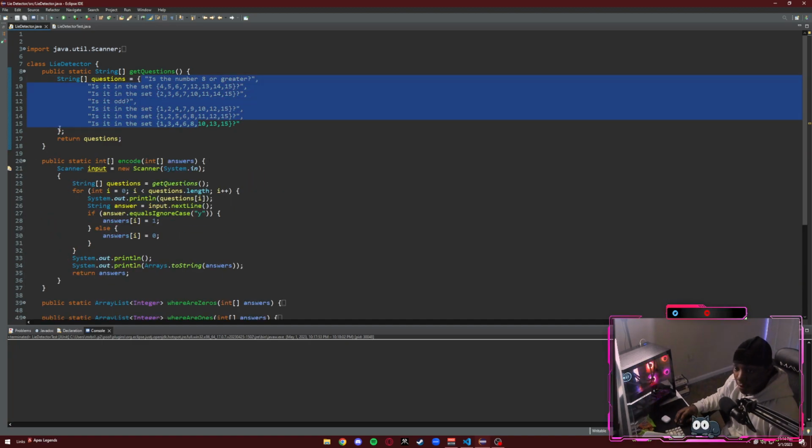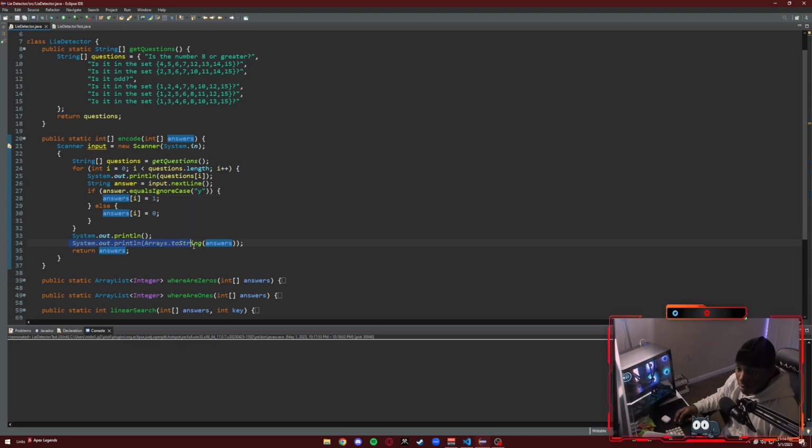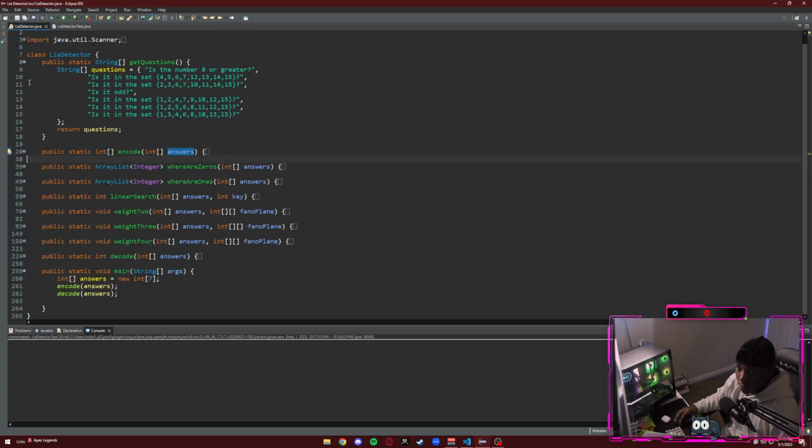Then I have my encode method, which asks the questions in the array while converting the yeses into ones and the no's into zeros, and this all goes into a single array called answers here. And of course it outputs the array here after it gets encoded.